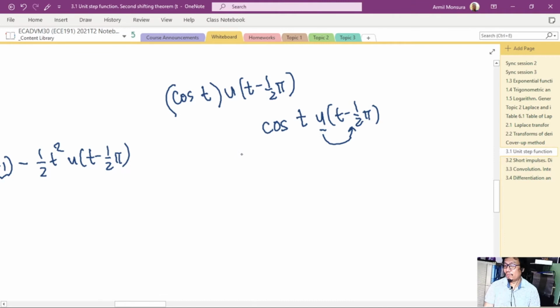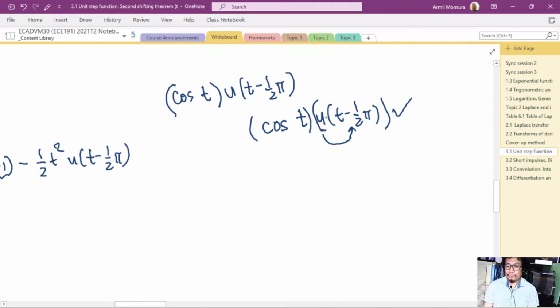One of the safest ways is to introduce parentheses. That makes it not ambiguous and clear that you have to multiply this with this one.